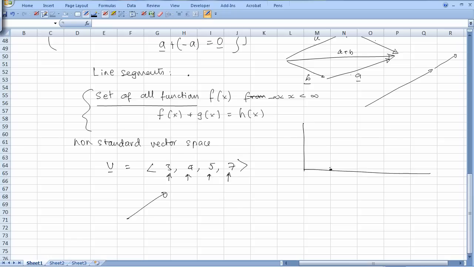So I can say 3, 4, 5, 7, and I can draw a histogram like this. You're with me? This is nothing but a step function. You're with me? So any vector becomes a step function.